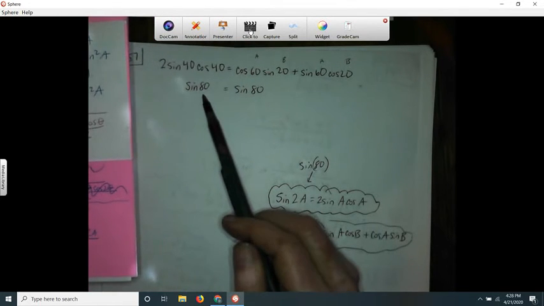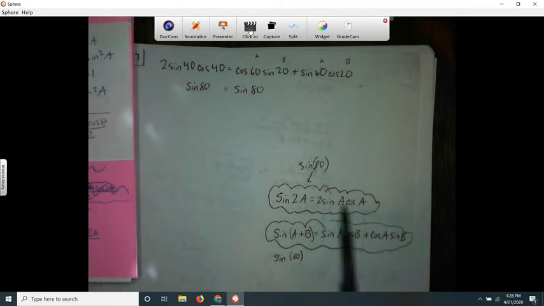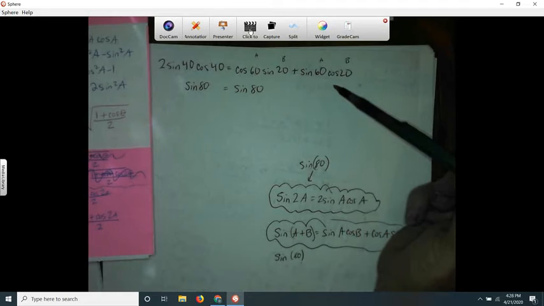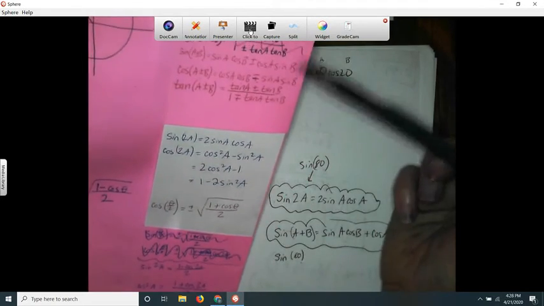So I got sine of 80 over here just by using this identity.